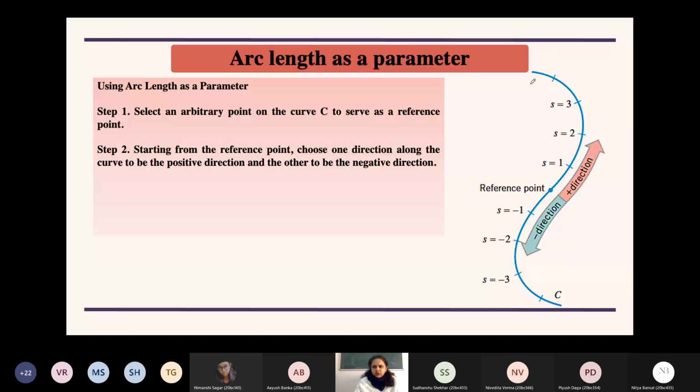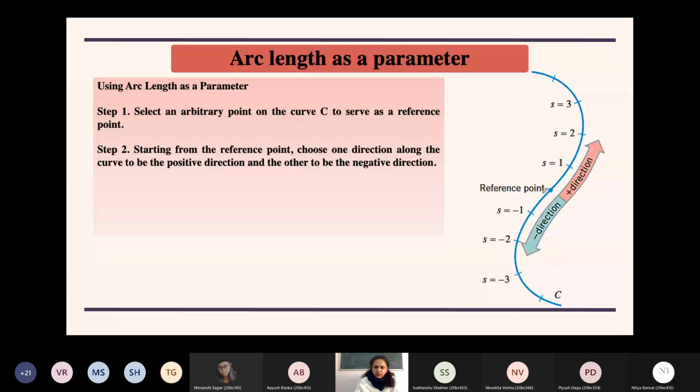Just imagine that this is like a thread, and if you pull the thread, you will get a straight line, and this will resemble something like the real number line, where you have a marking for 0, and when you move in one particular direction, your numbers keep on increasing, and when you move in the reverse direction, your numbers keep on decreasing. So you can just imagine that this is like your real line. When you stretch it or expand it, you get something similar to that.